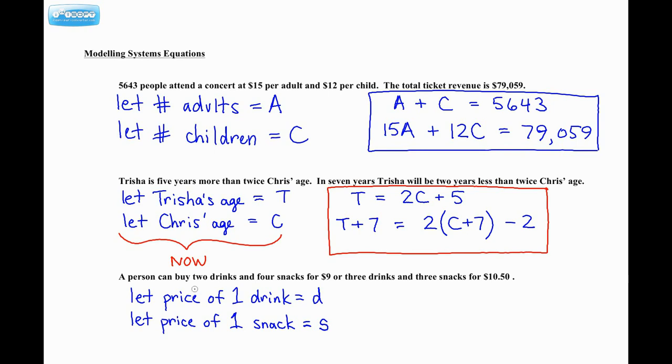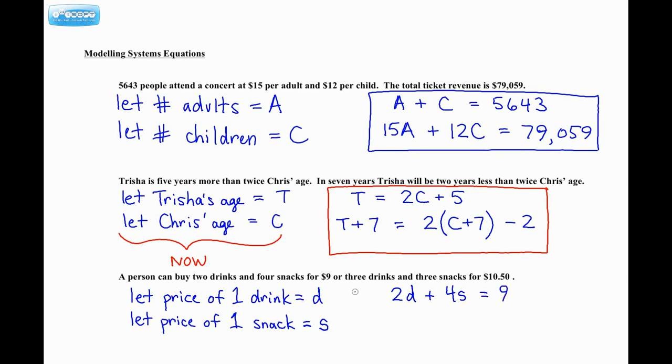Okay, so 2 drinks and 4 snacks. Well, this is actually, I would argue, easier than the previous ones. So 2 drinks, so 2 times D, that's the price of 2 drinks, and 4 snacks. Okay, so that's the cost of 4 snacks. When added together is $9. Wow, that was easy.